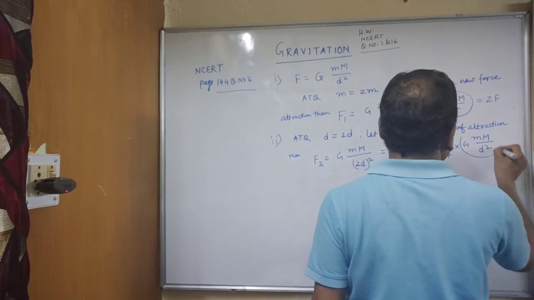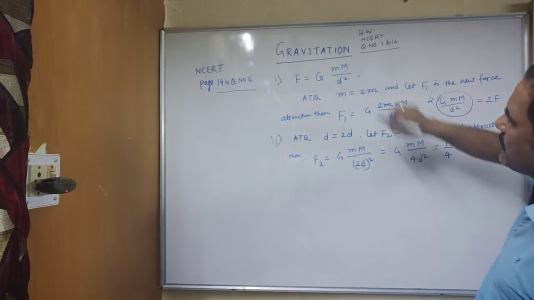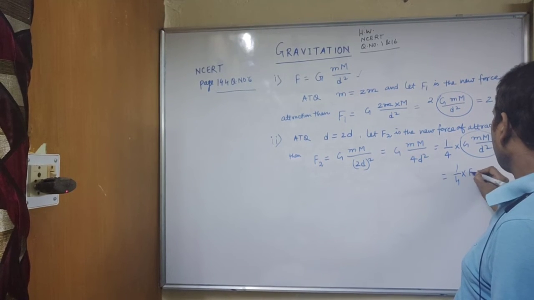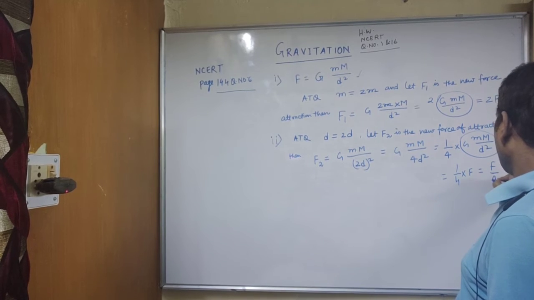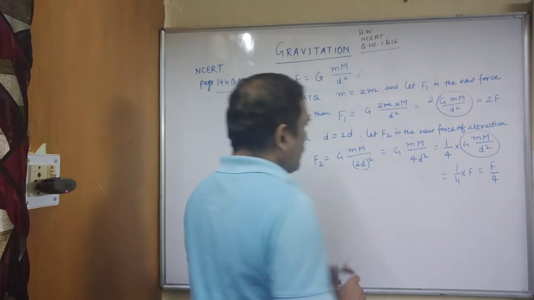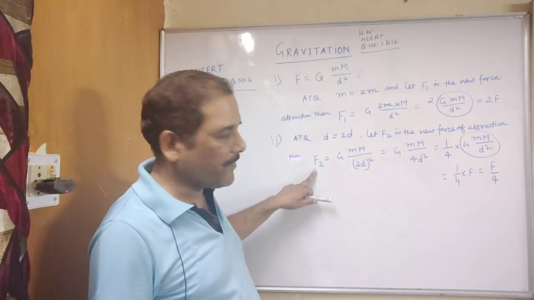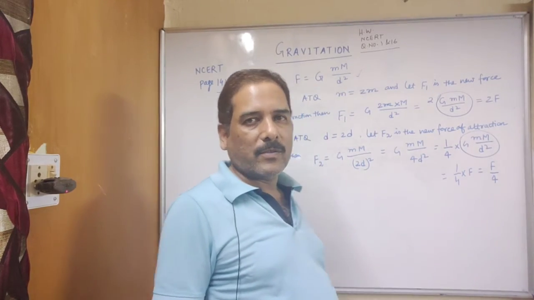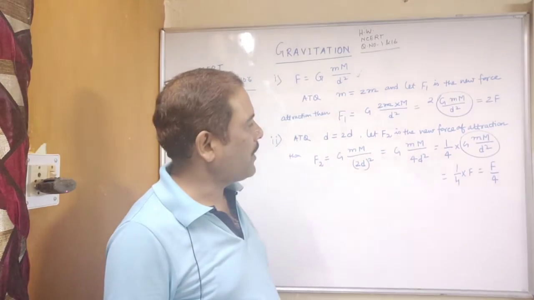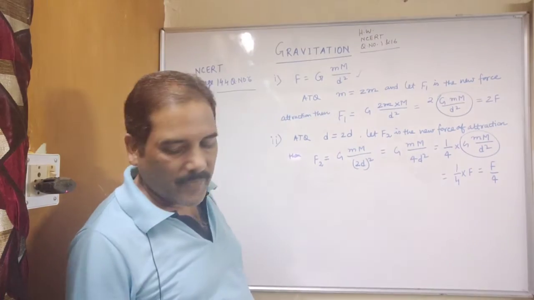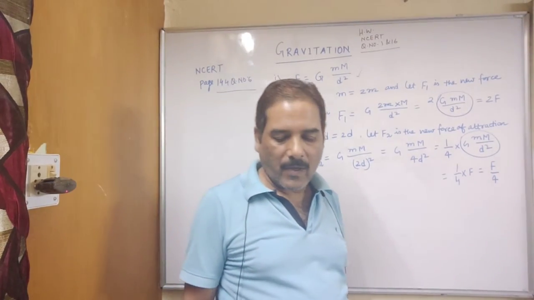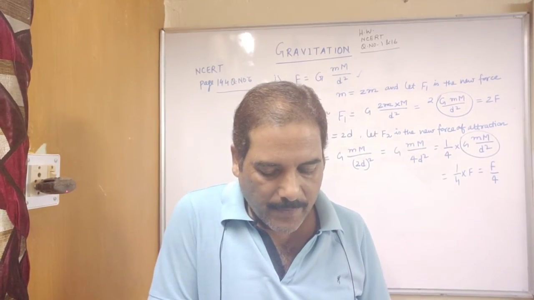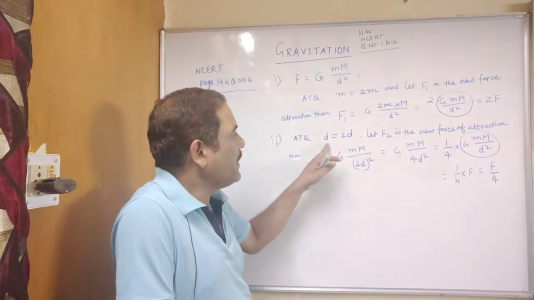So this quantity is again equal to this force. So we can write 1 by 4 into F. So F by 4. So you will write the new force of attraction, that is F2, will be equal to 1/4 the original force. So in this way you have to solve the other part. Similarly, when the distance between the objects is tripled, it means now d is equal to 3d.